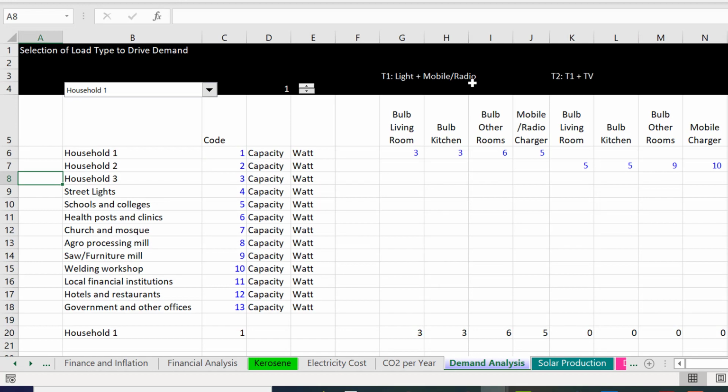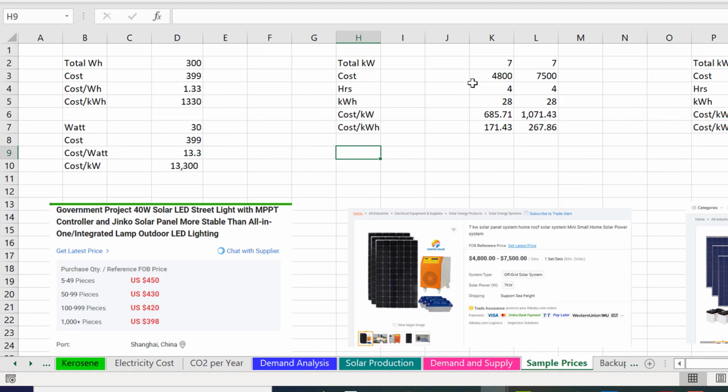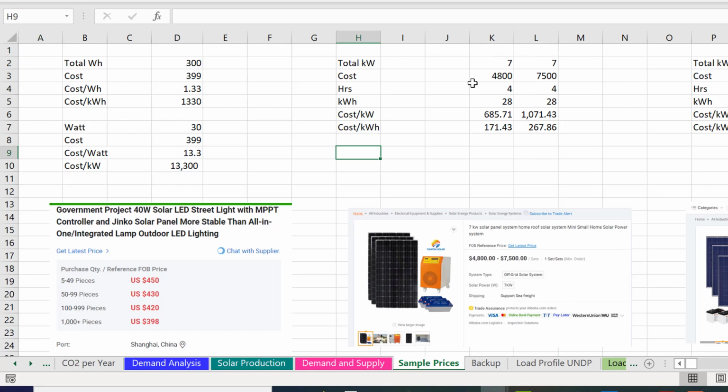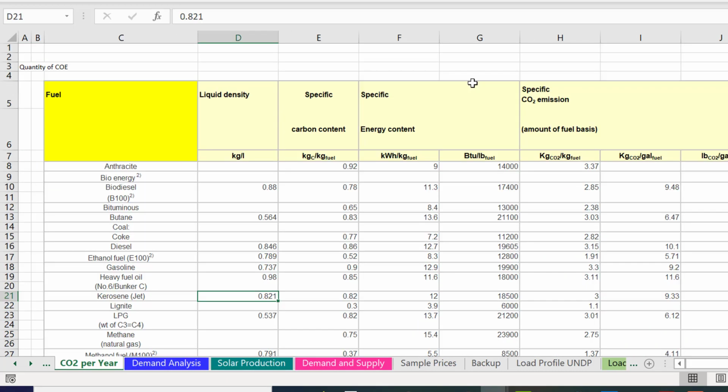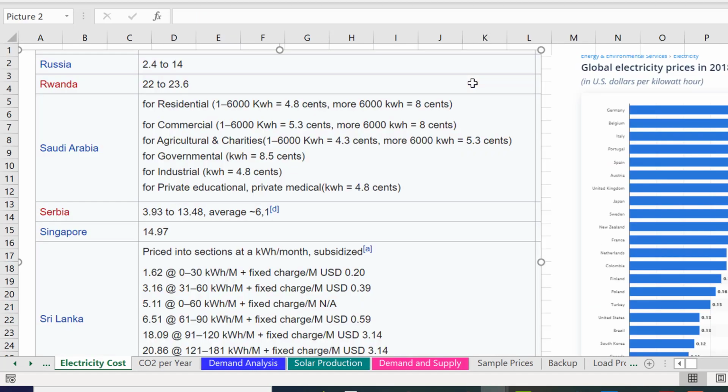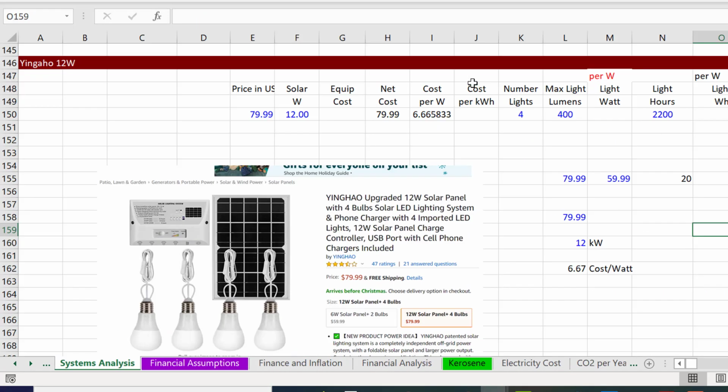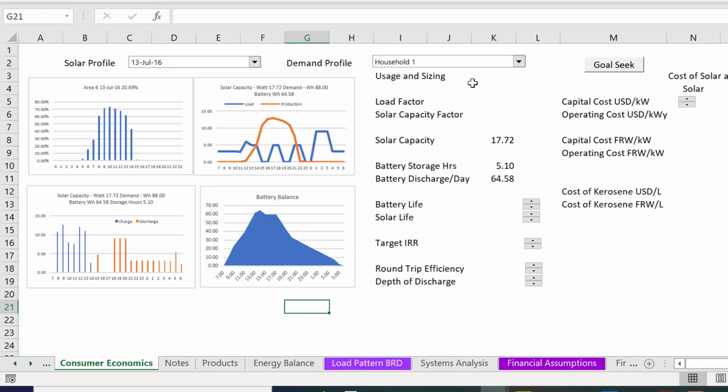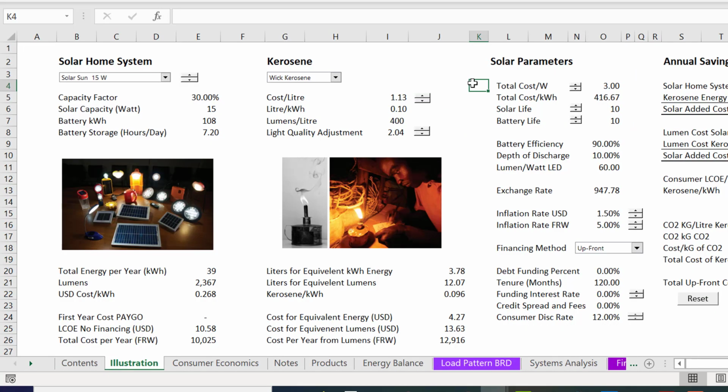Go through the CO2 costs somewhere down here. Where did I put that? CO2 costs here. Okay, and that's all in the file and it's all on the website. And with that, you've got kind of all the variables that could drive what the cost of one of these solar home systems is compared to this.